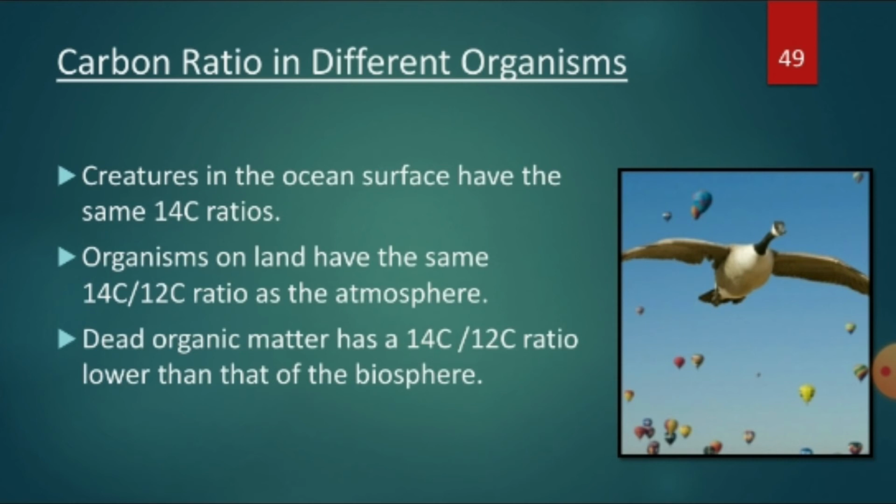Large animals such as whales can store large quantities of carbon for long periods of time. Organisms on land are in closer equilibrium with the atmosphere and have the same carbon 14 to carbon 12 ratio as that of the atmosphere. These organisms contain about 1.3% of carbon in the reservoir, which is already explained in the above flowchart.